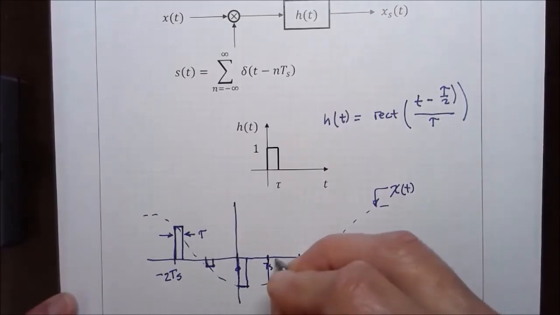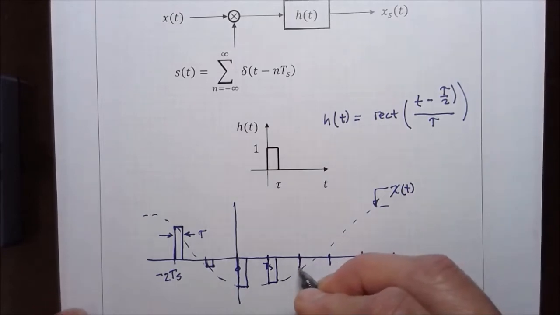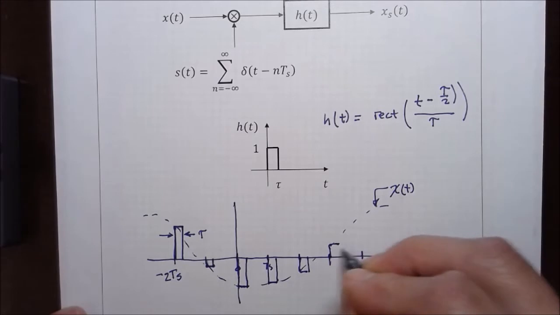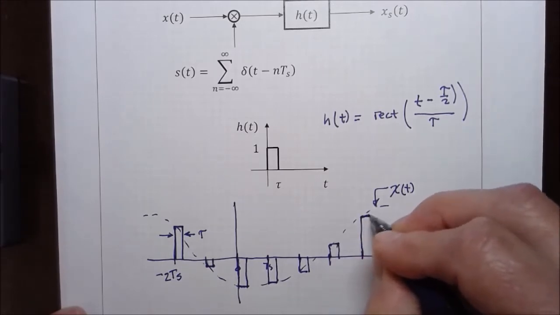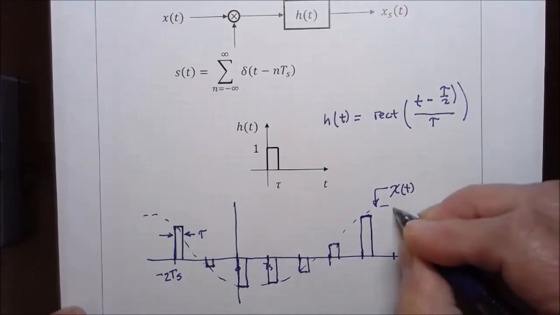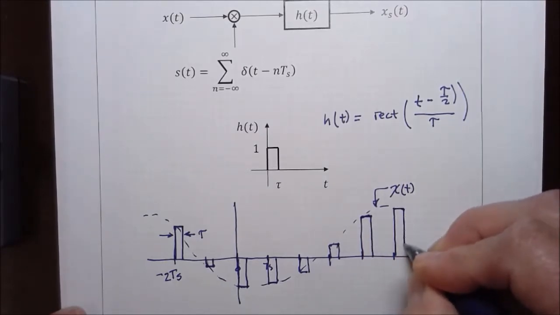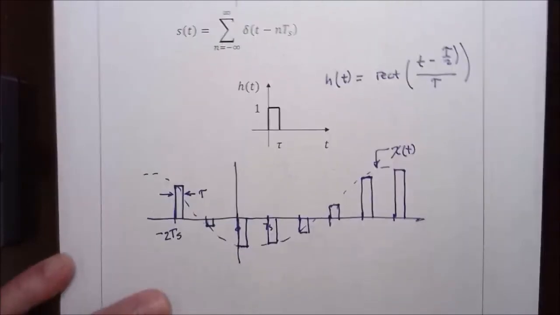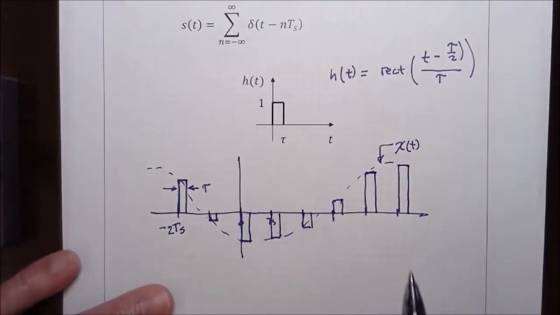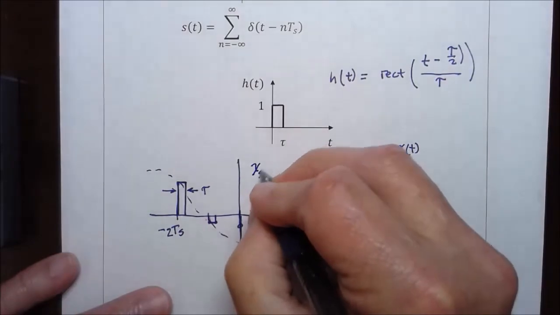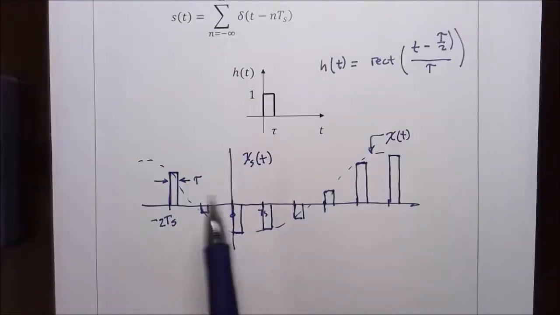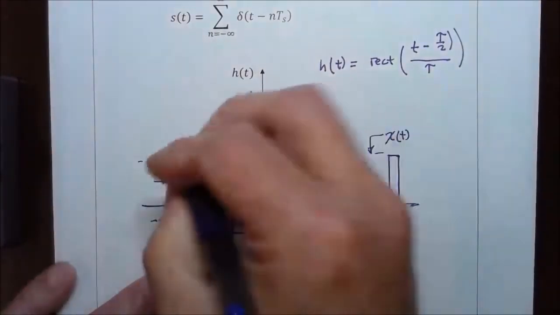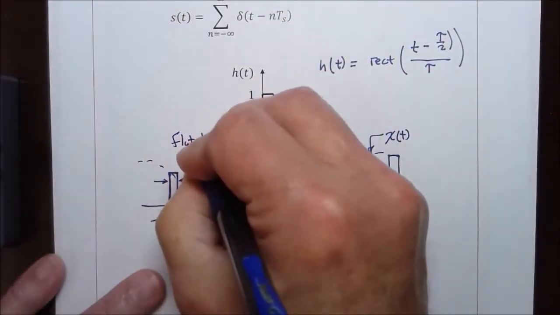That produces a rectangle. Now all of these rectangles have a flat top, and this now is the sampled function that comes out of the pulse forming network. This is now flat top sampling. These are all flat tops.